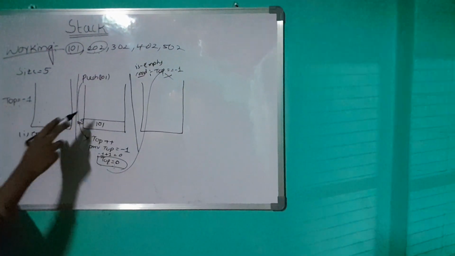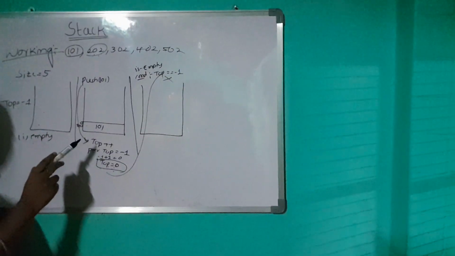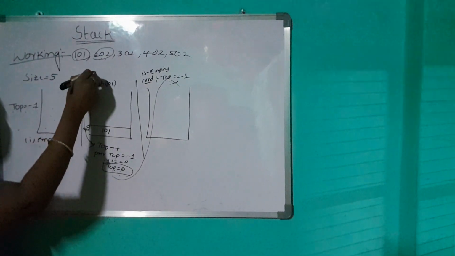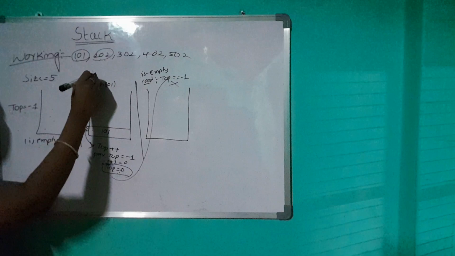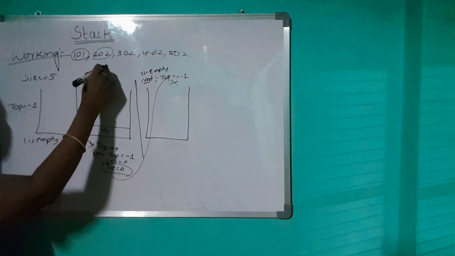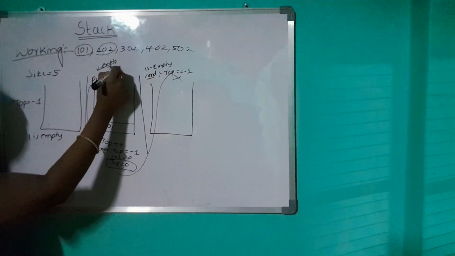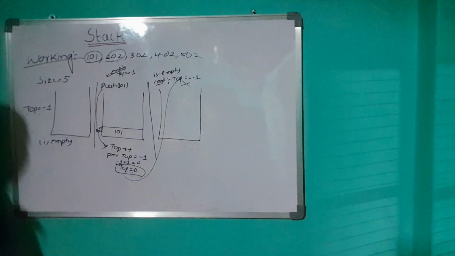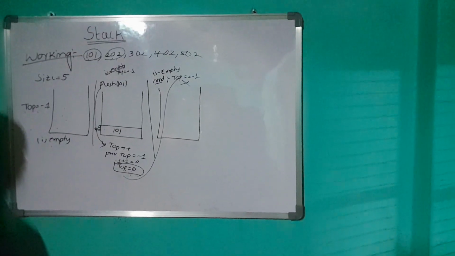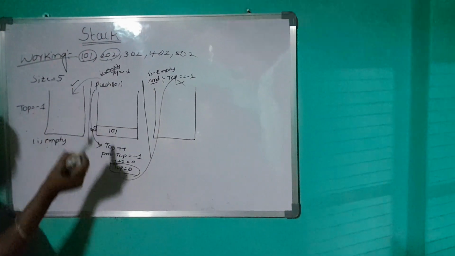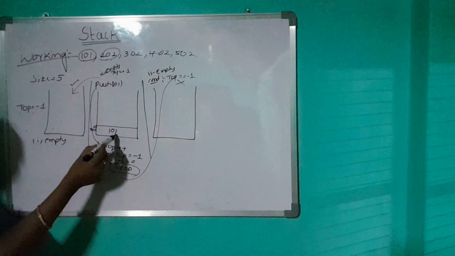Here also we have to check whether the stack is empty. I have explained in this step. Come to the previous step. Is empty condition: top is equal to -1. Yes, condition success. Then we have to insert 101.